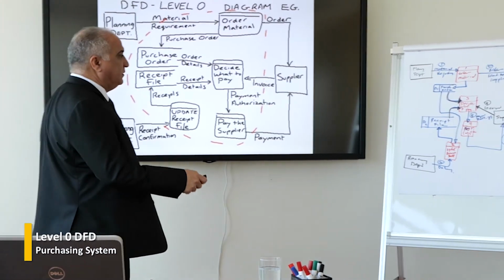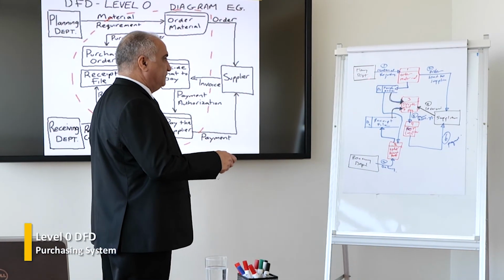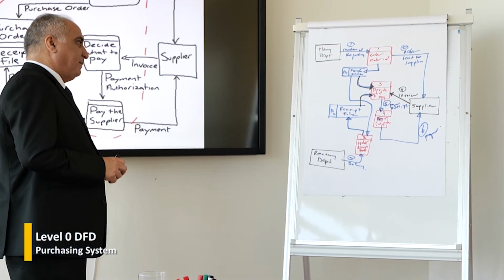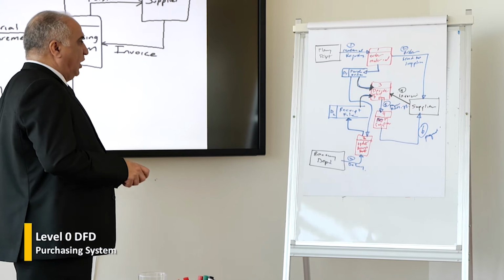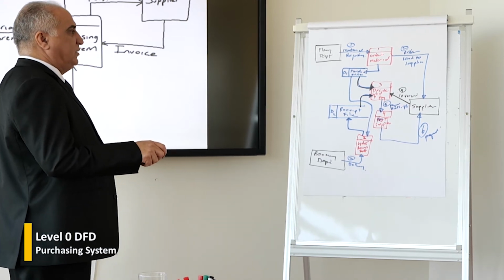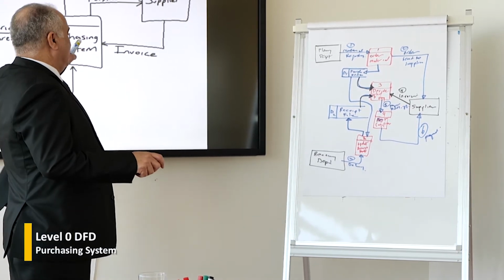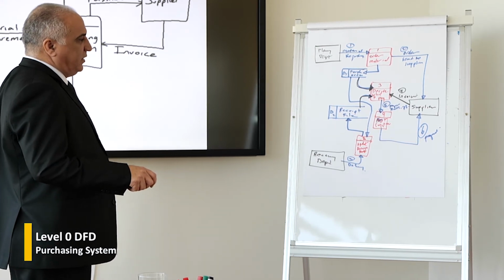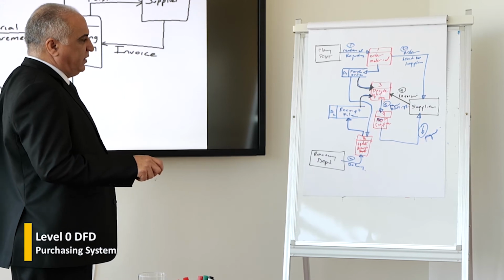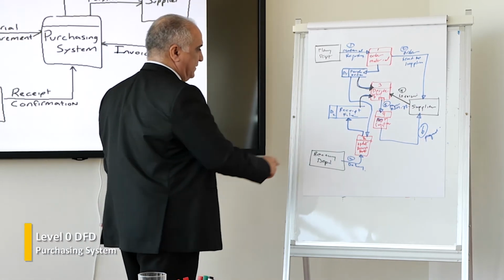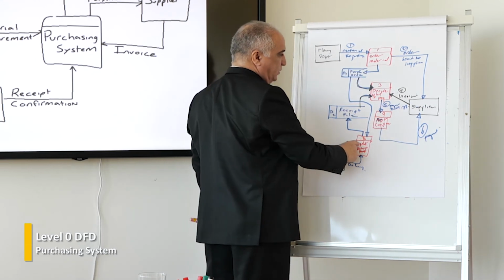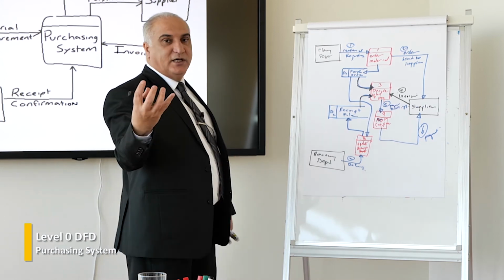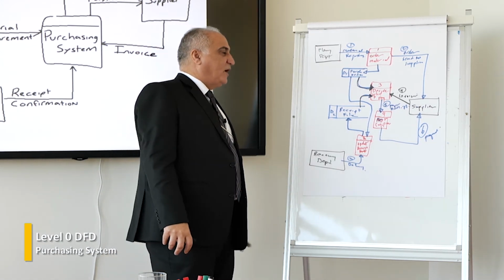We have 3 externals. You see also we have an order process within this system. We have 1, 2, 3, 4 processes. So inside this system there are 4 programs, 4 processes.